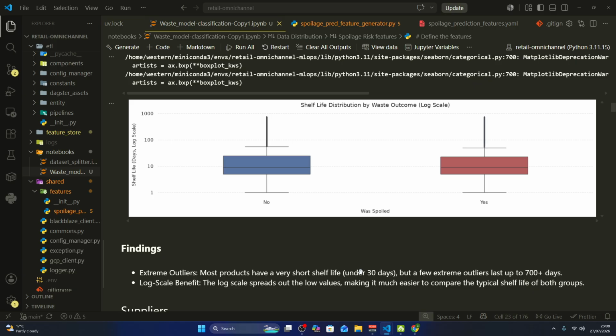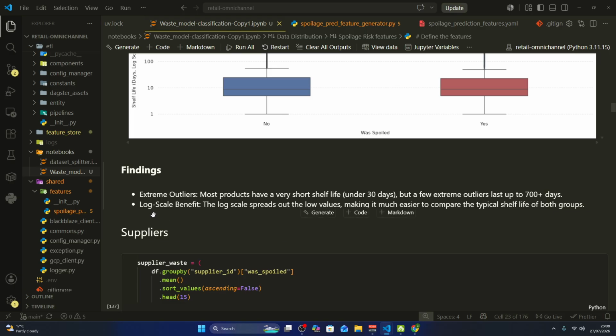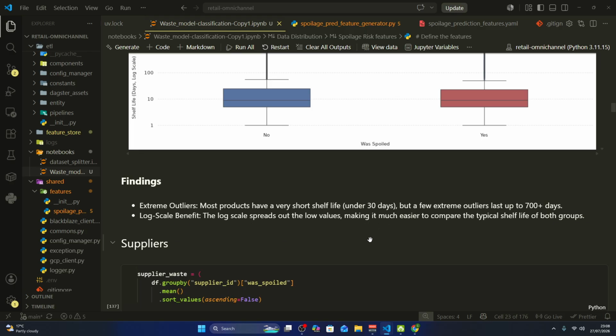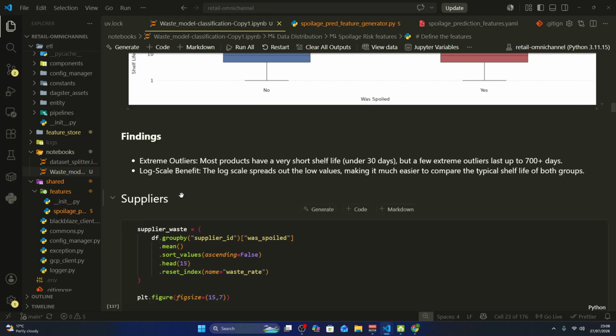For example, if you're selling shoes, they can stay on the shelves for quite some time. And there are some products with a shelf life of 1 day. Then the log scale spreads the lower values, making it much easier to compare the typical shelf life of both groups.